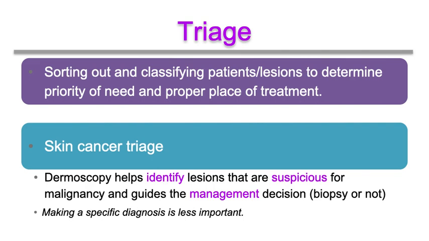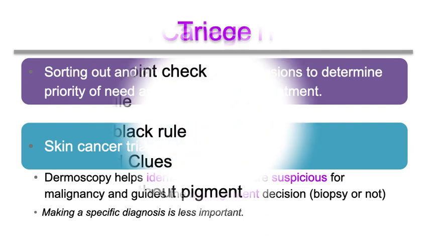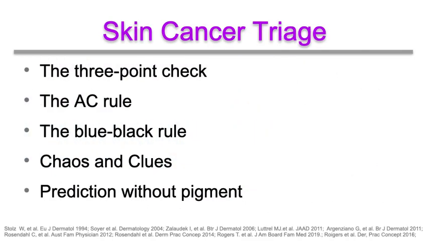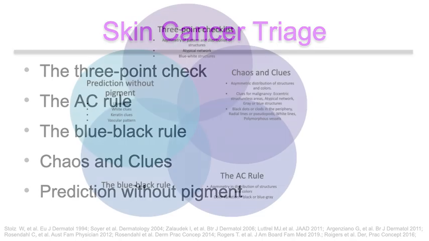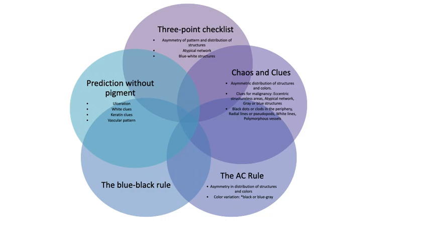So, for skin cancer triage, several simplified algorithms have been proposed and are very well known, and here we have some of them: the 3-point checklist, the ABCD rule, the blue-black rule, chaos and clues, and prediction without pigment. All of them have their own criteria, strengths, and limitations, and their diagnostic accuracy has been demonstrated in different studies, and all of them prove to work.